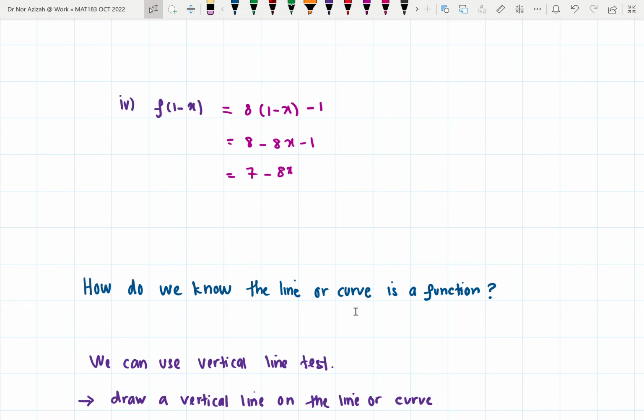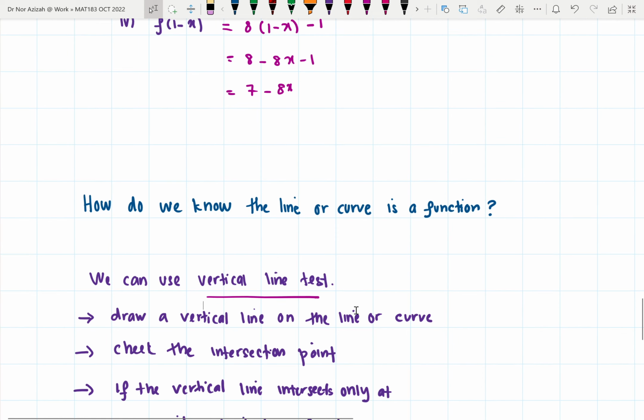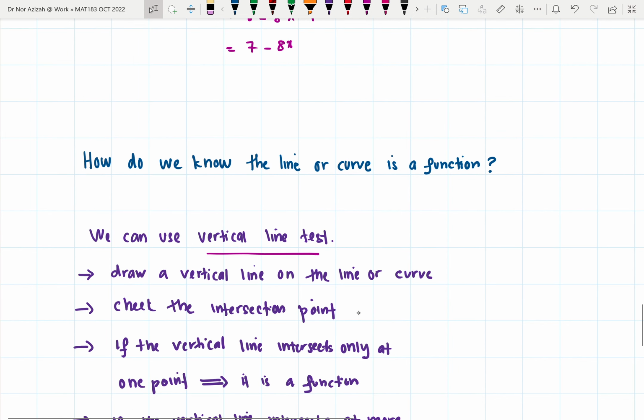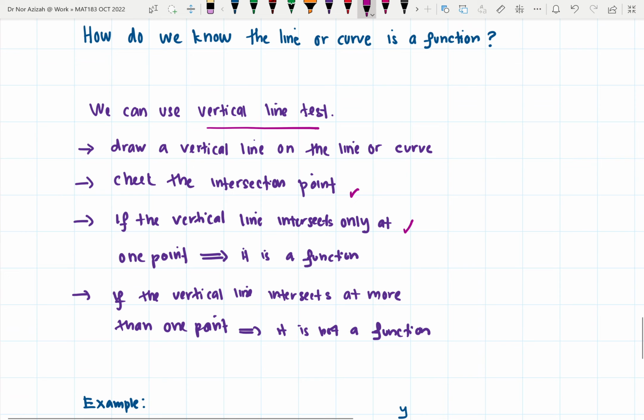What you can do is use the vertical line test. That means you need to draw a vertical line on the line or curve and check the intersection point. If the vertical line intersects at only one point, we can say that the line or curve is a function. Otherwise it is not a function.